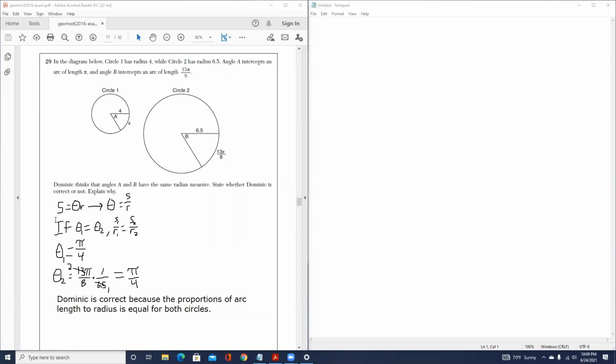So the first thing we did was take this formula, rearrange it to solve for what we were looking for, and then we solved it for both circles. We found that they're equal, and then we were able to state that Dominic was correct.